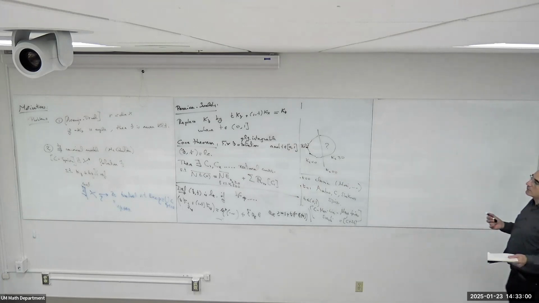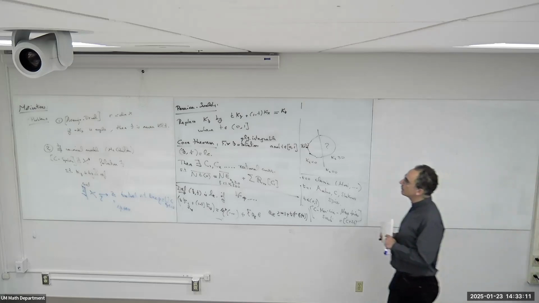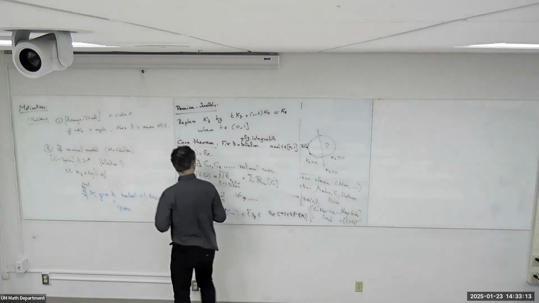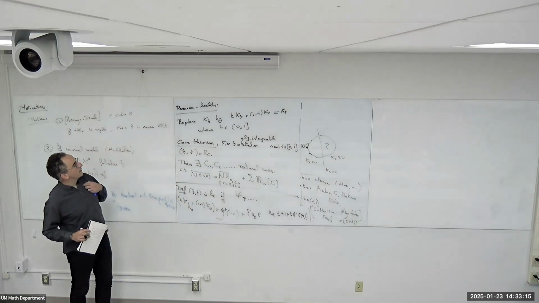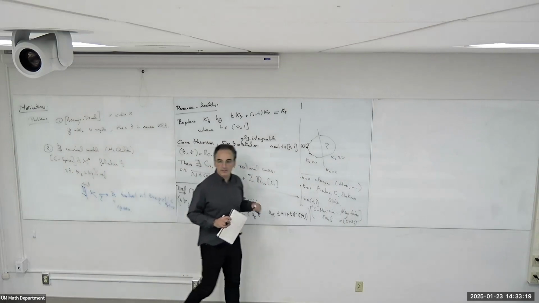Actually, it could be the other way around. It could be that the variety is very, very singular, but the foliation is smooth. Think of a product. So there's almost no relation between them. Well, no, there is some relation, and actually part of our proof goes this way. But I cannot tell you an easy answer how the singularity of the foliation is related with the singularity of the variety.